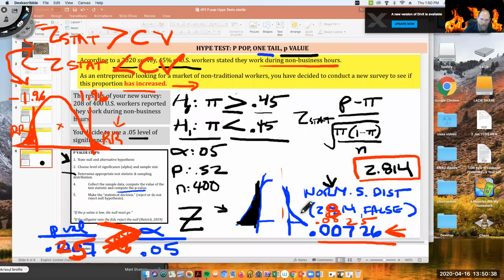Because if I go to the right, and go to the Z table first for this right value to determine the p-value, I'm going to have to do a 1 minus, but here I don't have to. So all I got to do is grab that value and then multiply by 2 on a two-tailed. On a one tail, I just find out that value and I can stop there.